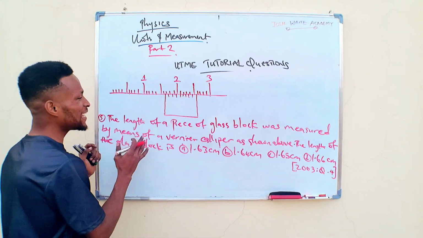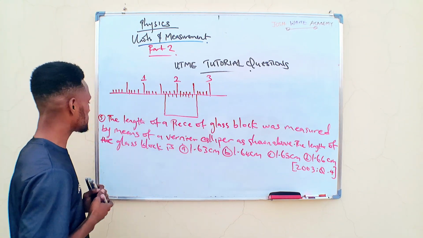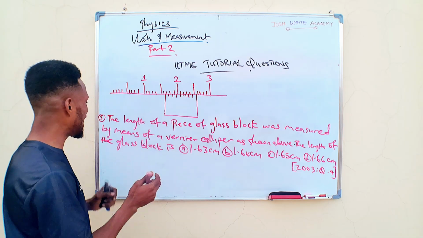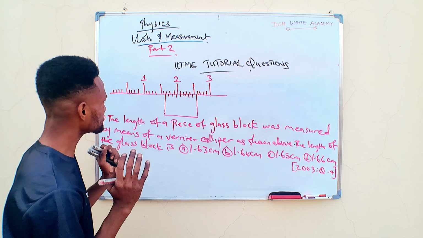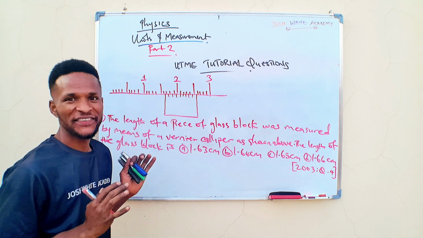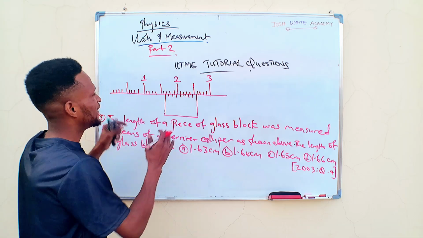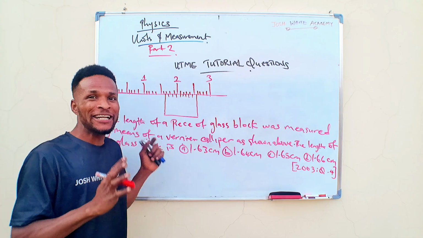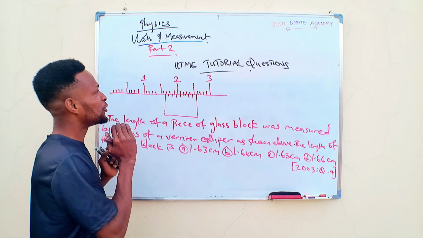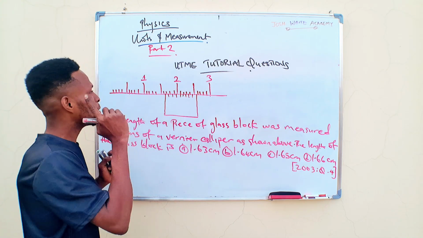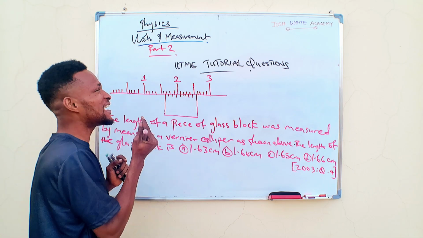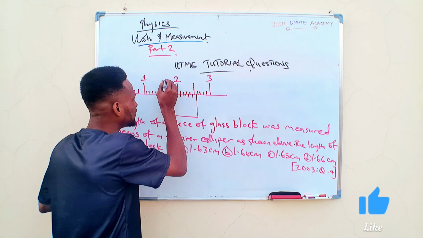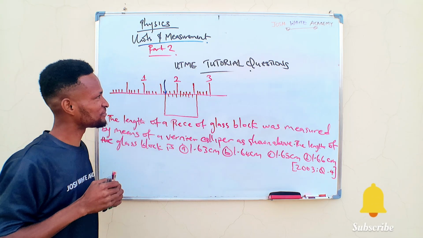Next question. The length of a piece of glass block was measured by means of a Vernier Calliper as shown above. The length of the glass block is, so this is the Vernier Calliper scale reading, and from what we did in our previous class, I told you the first thing to do, know the point of intersection of the Vernier scale to the main scale, which is this point here.